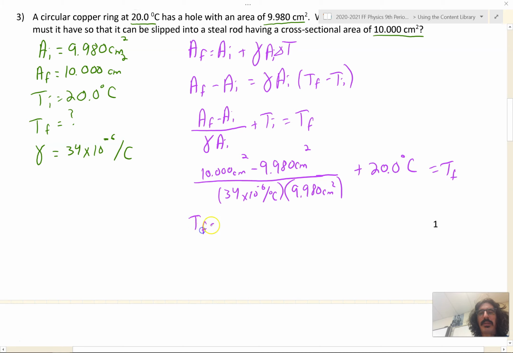Plug and chug, and we get a final temperature to equal 79 degrees Celsius.